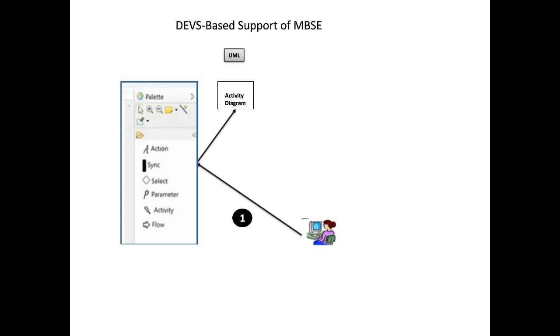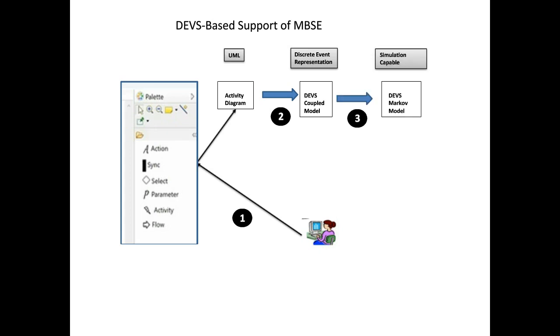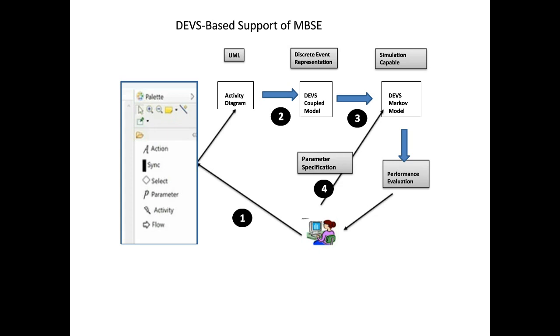We have developed with RT-Sync and other collaborators the ability to describe models in UML, in particular activity diagram form right now, where a user can draw a diagram, and then this will be automatically transformed into a DEVS model that eventually can be run in a simulation manner and provide information about how that activity diagram actually would work, or the system that it describes would work in a more realistic fashion than it could be otherwise.